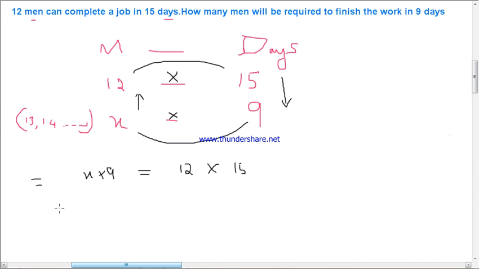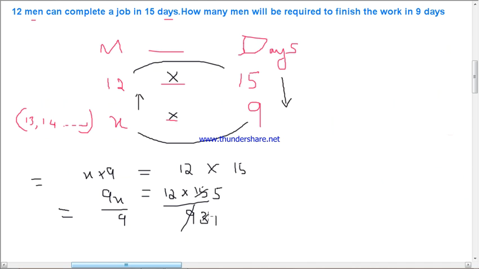So therefore you'll get 9x equals, I would like to keep it as it is so that I can have a simple calculation. I don't want to make things complicated. So divide by 9 both sides. As you can see, all three numbers are divisible by 3. 3 into 3 is 9, 3 into 5 is 15.